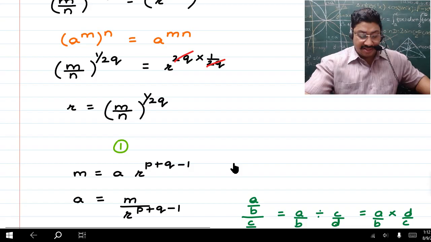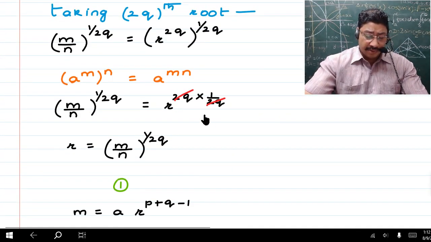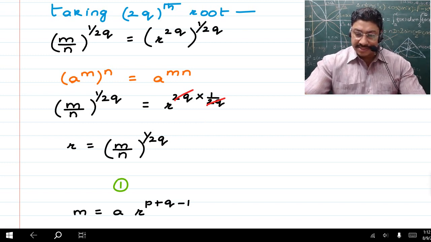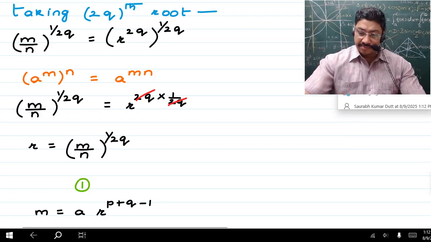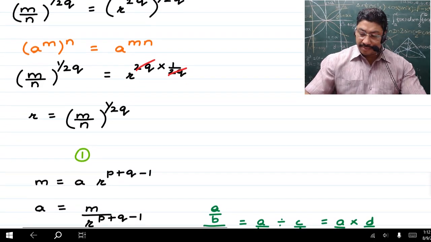So as such, we get the value of a from the first equation, remember, which was this, that is, we have m, the p plus qth term, which becomes equal to a, the first term, times r, which is raised to the power p plus q minus 1.